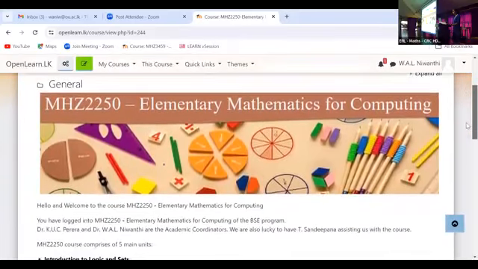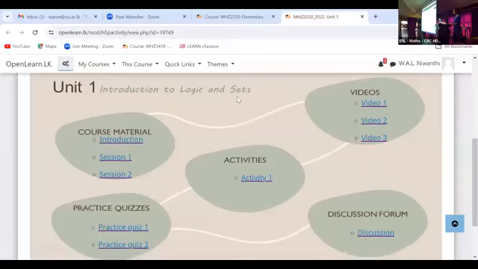Here we have the main 5 topics of your course. Each is linked to a unit or chapter. If you visit these links, you will see all the things in one place, like your course material. Unit one is the introduction to logic and sets.